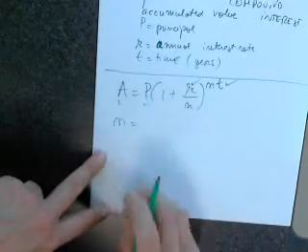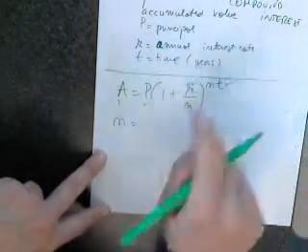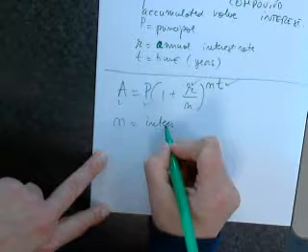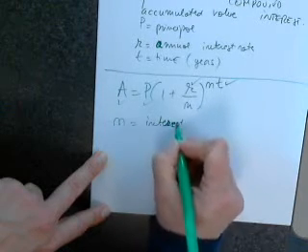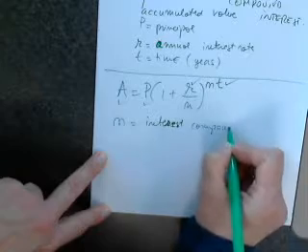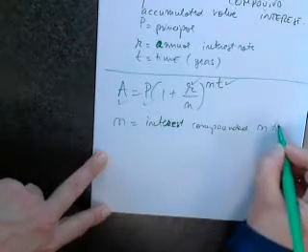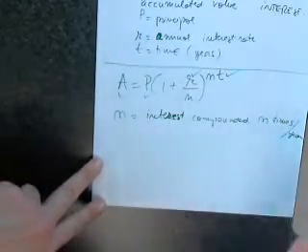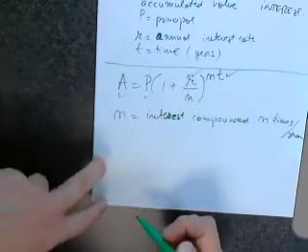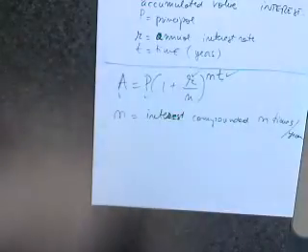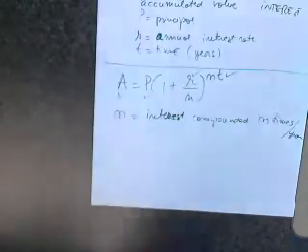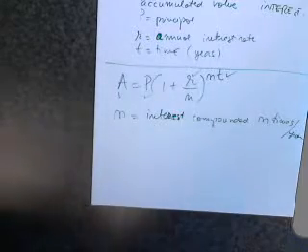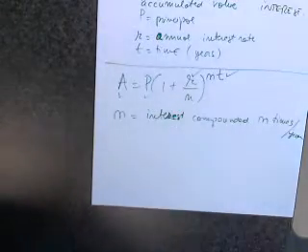But n signifies not continuously compound interest, but interest compounded n times per year. n is the number of times the interest is compounded per year, which can be once a year, twice a year, 12 times a year each month, 52 times a year each week, 4 times a year each quarter, 3 times a year, and so on and so forth.